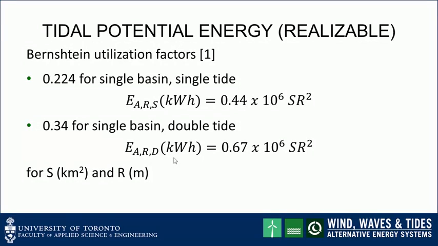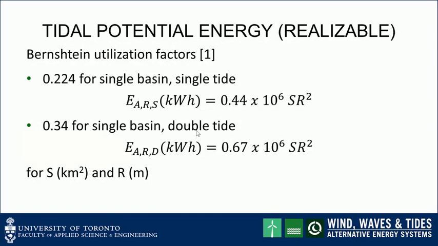So for single basin systems, so that's where there's only one tidal basin, and that's the prevalent type, if we capture energy only on a single tide, so typically the ebb tide, but could be the flood tide as well, but just one, the energy recoverable from a single tide is 0.44 times 10 to the 6th S sub r squared.